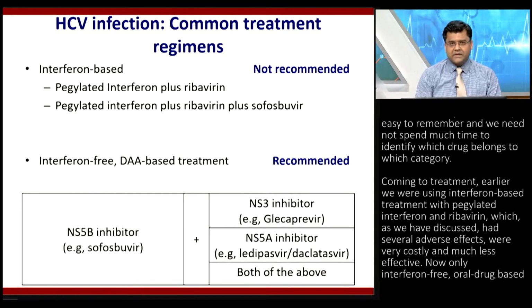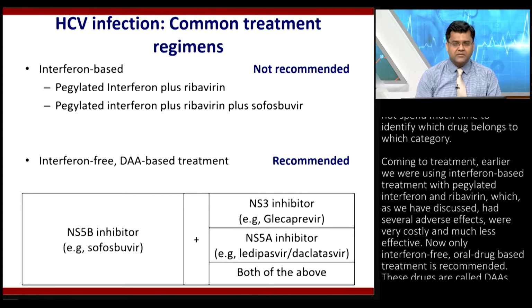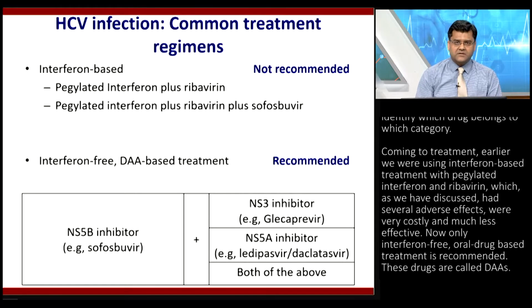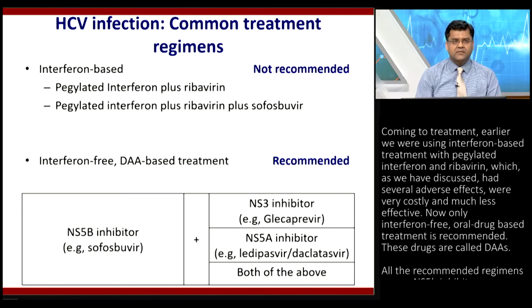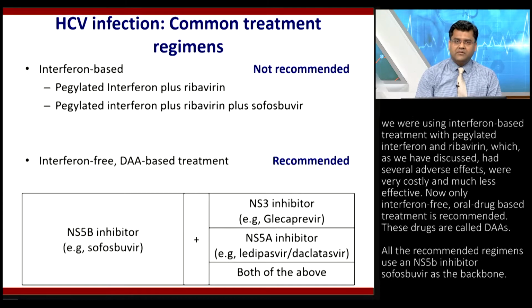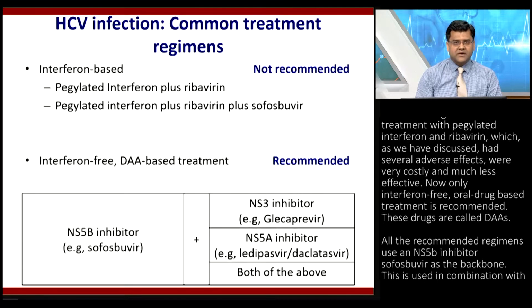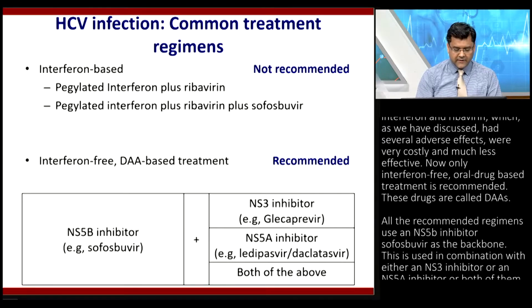Now, coming to the treatment. Earlier we were using interferon-based treatment with pegylated interferon and ribavirin, which, as we have discussed, had lots of adverse effects, was very costly and much less effective. So, now only interferon-free oral drug-based treatments are recommended. These drugs are called DAA.